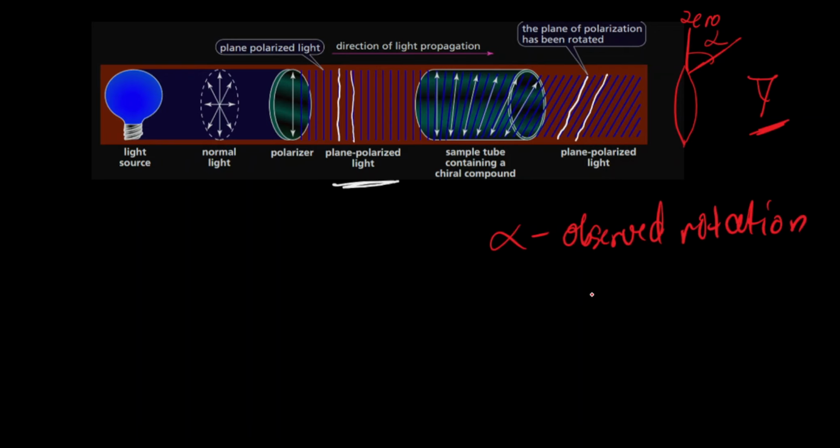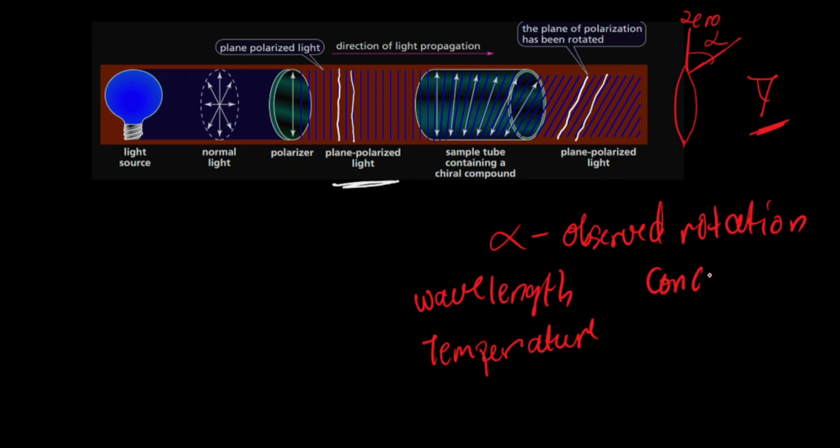It's important for us to take note that this observed rotation is affected by various factors. It's affected by the wavelength of the light passing through, by temperature, and by the concentration of the chiral compound, or the number of chiral molecules within the sample.